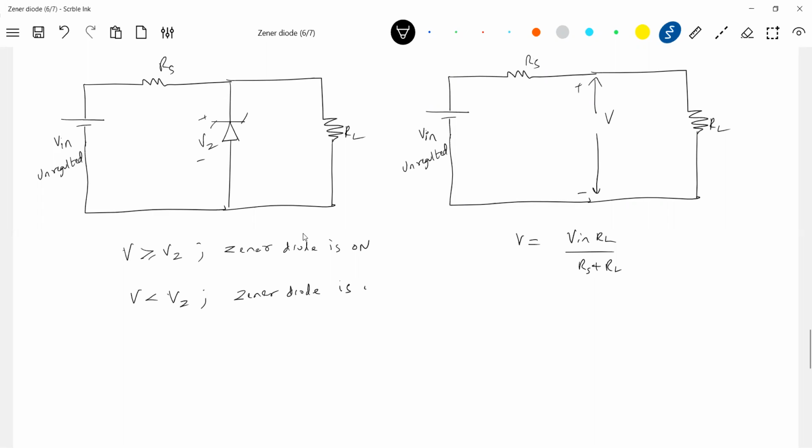what do you mean by on and off? The Zener diode is on means it will be in the breakdown region. There's a meaning, again, don't take it in another way. Off means okay, it will vanish. Not vanish.